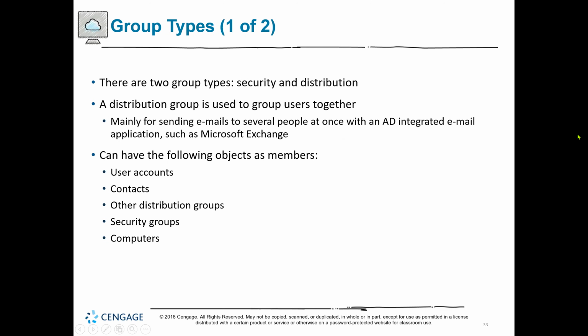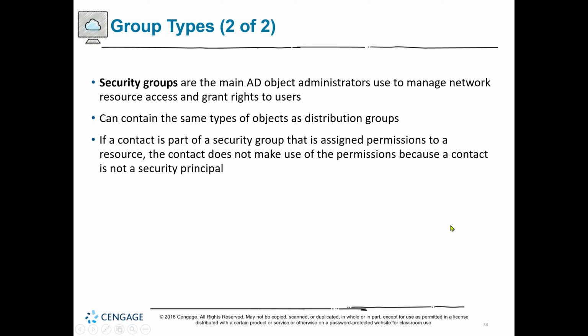Group types, there are two group types. There's security and distribution. A distribution group is used to group users together, mainly for sending emails to several people at once with an AD integrated email application like Microsoft Exchange. Can have the following objects as members: user accounts, contacts, other distribution groups, security groups, or computers.